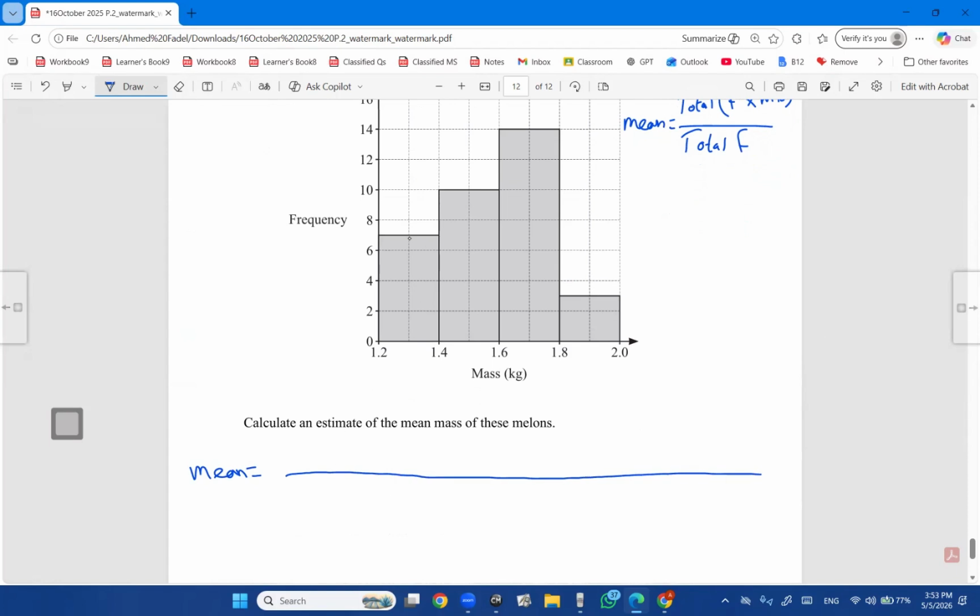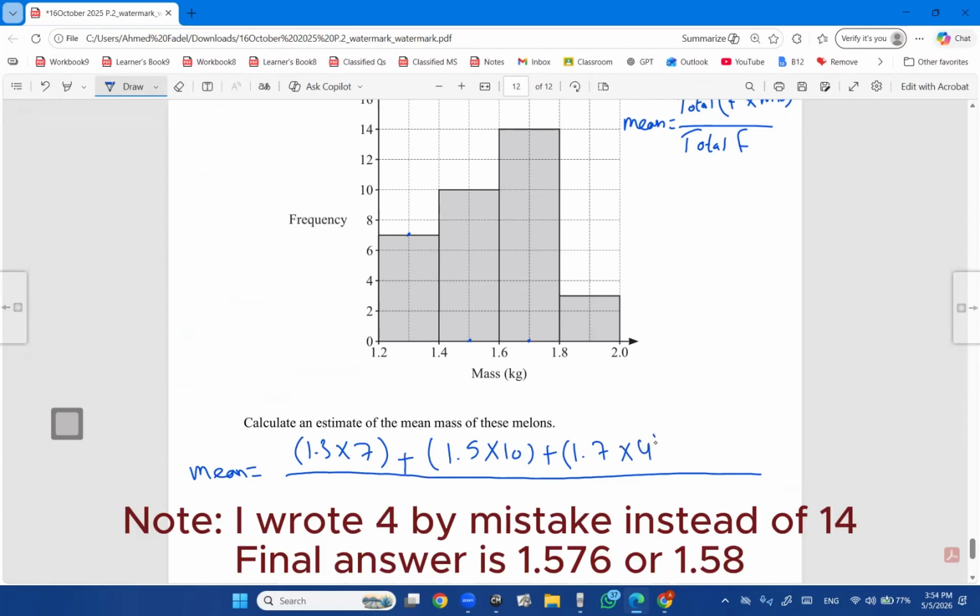Look at that. The midpoint here is 1.3, multiplied by the frequency of 1.3, which is 7, plus the midpoint 1.5 multiplied by the frequency of 1.5, which is 10, plus the midpoint 1.7 multiplied by 14.